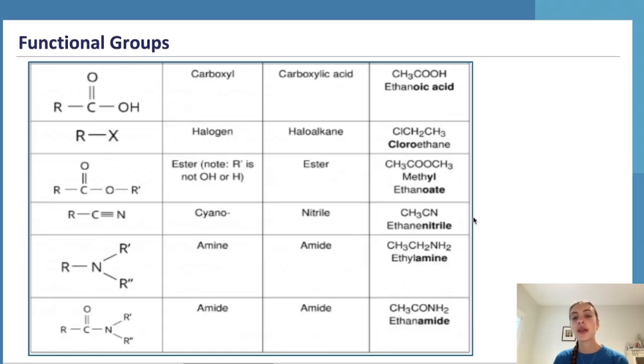And so an example of this could be something like ethane nitrile. So we just name it as the ethane molecule because it's got 2 carbons in the chain. And so the first one would be a carbon with 3 hydrogens bonded to it, then bonded to the next carbon, which would have a triple bonded nitrogen to it.